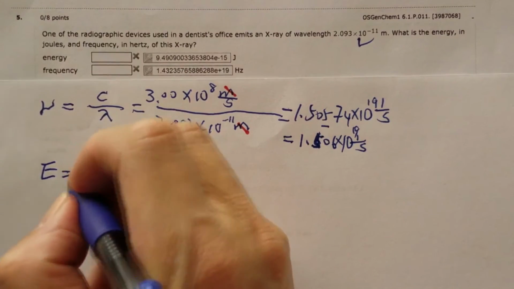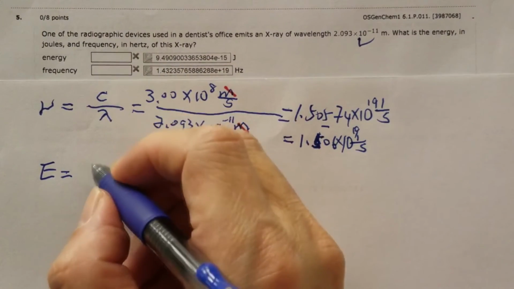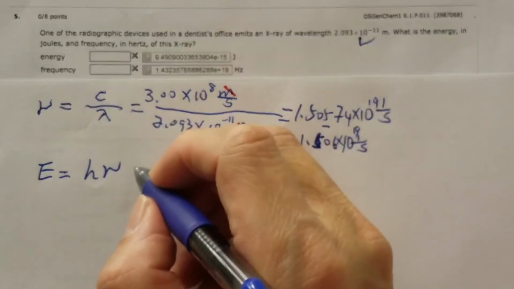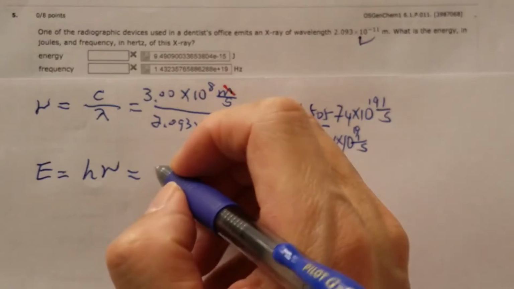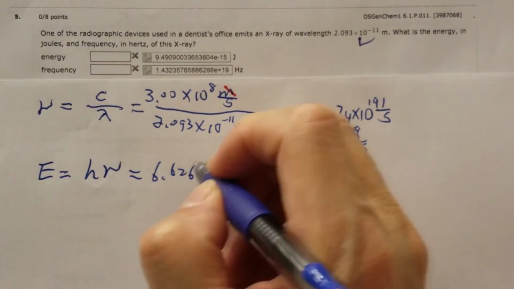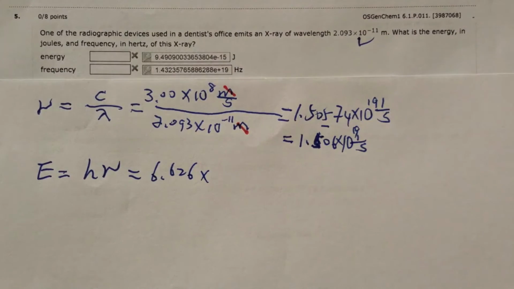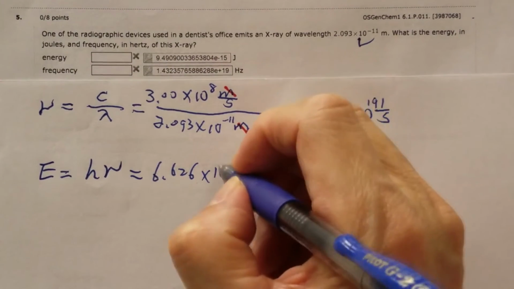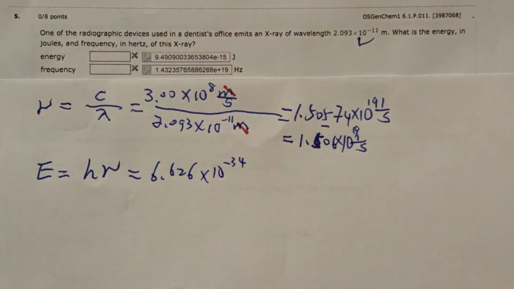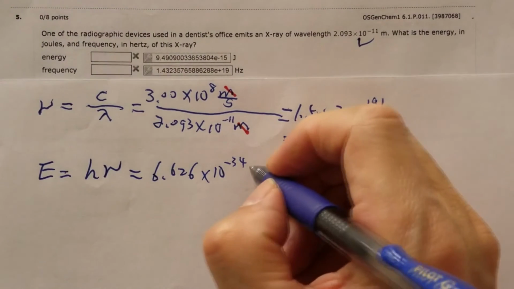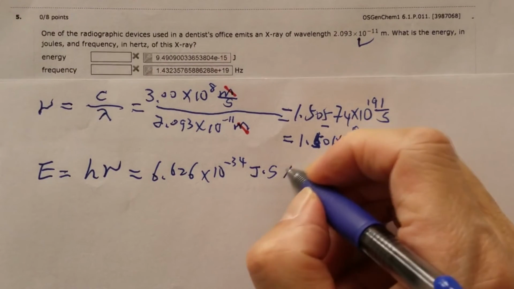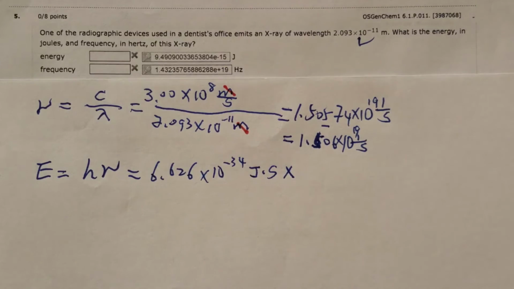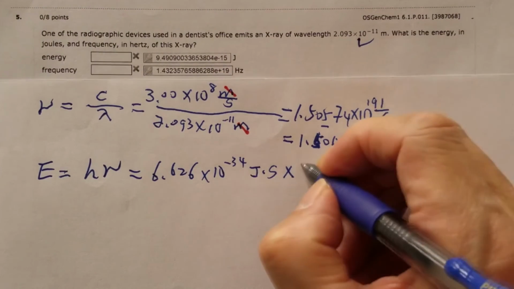Energy, the other key equation in this chapter, E equals h nu. And h is the Planck constant. So the unit for Planck constant is joule second. Now times the frequency we just calculated.